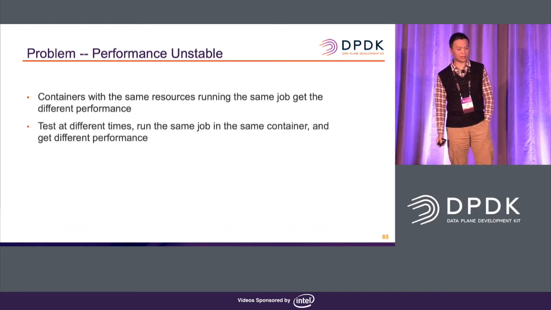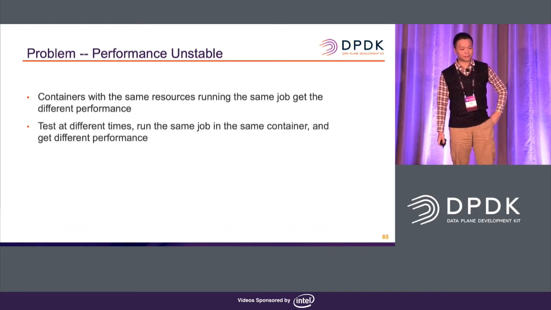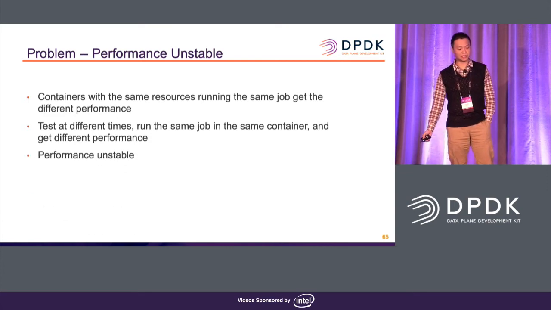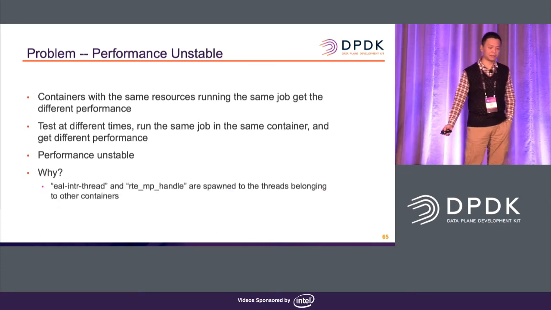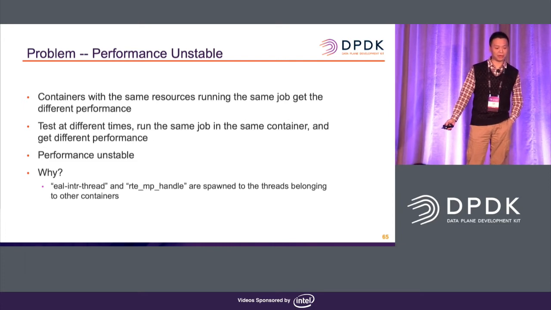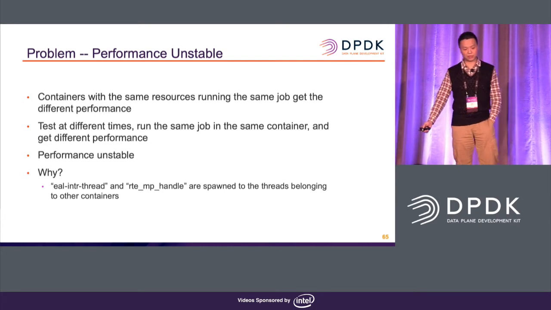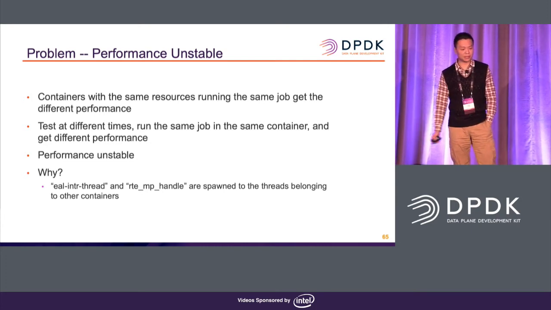And the performance is unstable. How does this happen? We found that the EAL interrupt thread and the RTE MP handle, these two threads, are spawned onto cores belonging to the other containers.